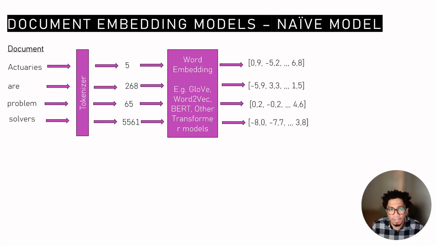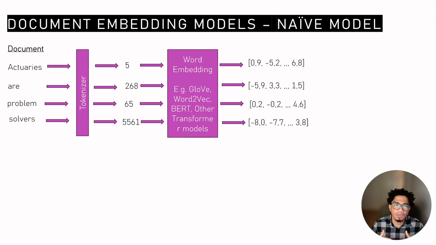And this could be a Word2Vec, or it could be a BERT or some other transformer model. But it's just a model that produces a dense vector space that is a numerical representation of the word, which has some semantic meaning in that vector space.